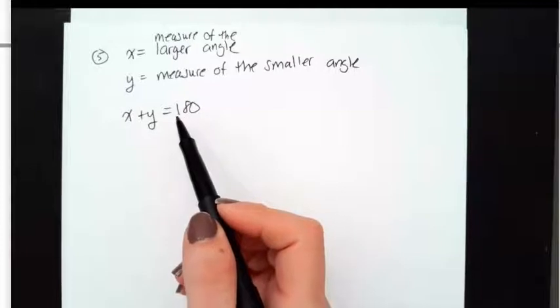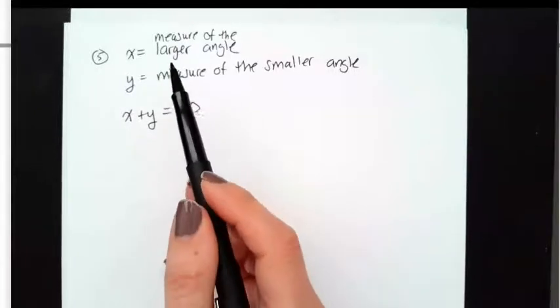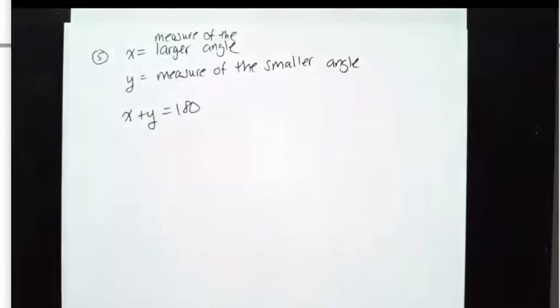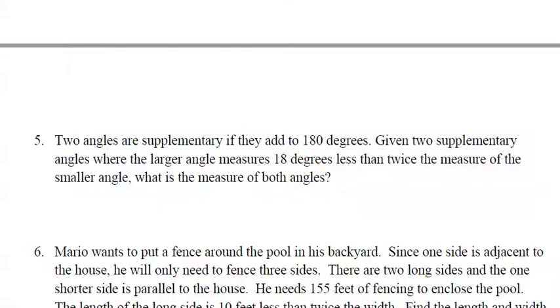But now I want to go back and write the second equation, which gives a relationship between the larger and the smaller angles. We're told that the larger angle measures 18 degrees less than twice the measure of the smaller angle. So the larger angle is 18 degrees less than 2 times the smaller.